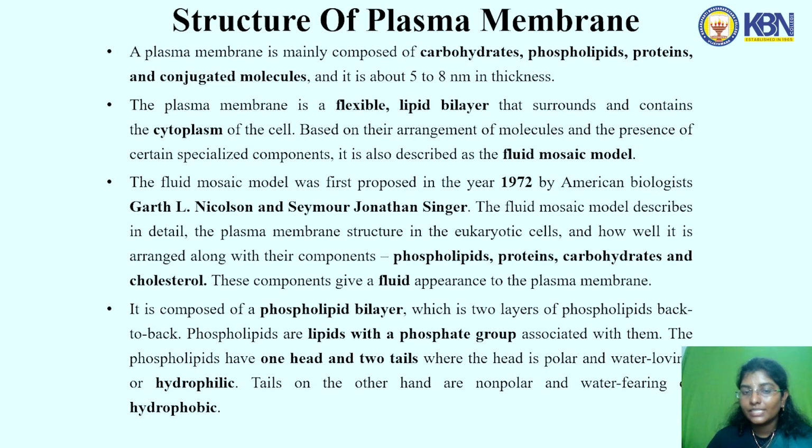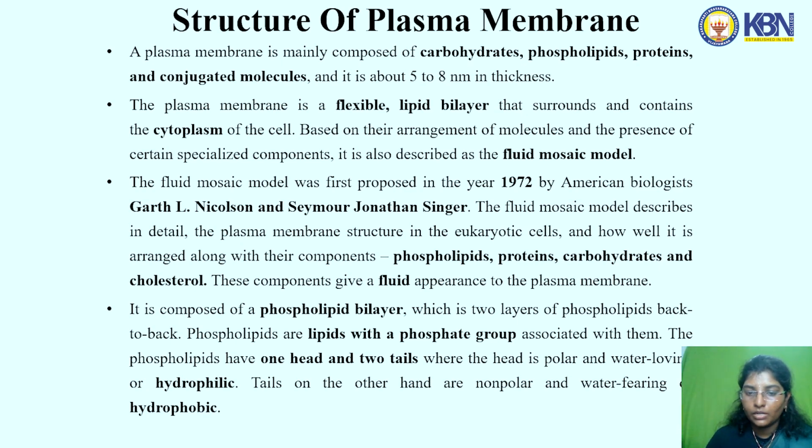They also described that the plasma membrane contains these components: phospholipids, proteins, carbohydrates and cholesterol, and these all collectively give an appearance like fluid. So that's why it is described as the fluid mosaic model.